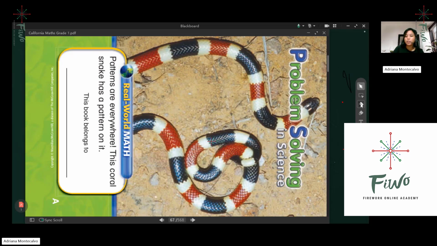I'm gonna draw it over here. What's the first one? The pattern is black, white, orange, white, black. Okay. So can you tell me the first pattern first? Black. Okay, wait. White.